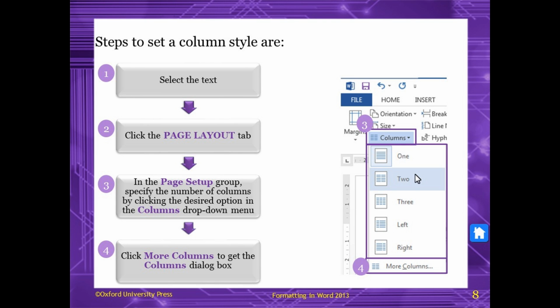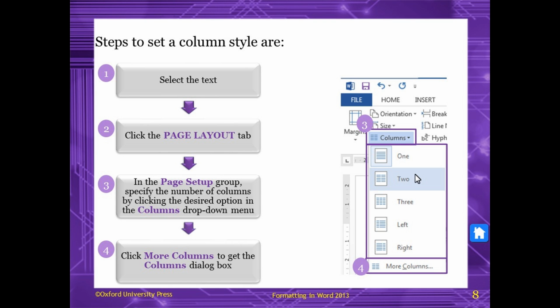You will see a drop down list of different columns, and by default column 1 is selected. There are different options like you can select 2 columns in a document, 3 columns in a document, and left and right columns, one left column and one right column in a document.